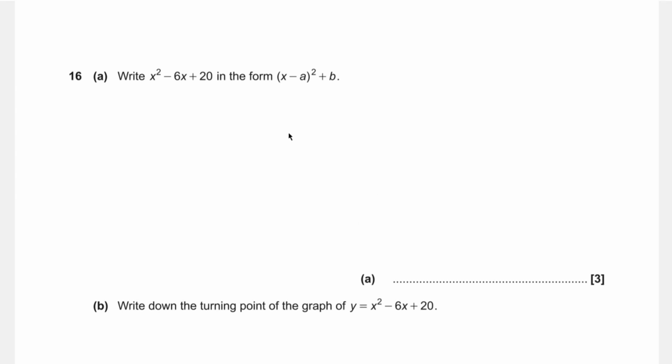Question number 16. Part A, we have to write x squared subtract 6x plus 20 in the form x minus a squared plus b. So half of the coefficient of x is negative 3. So I have x subtract 3 squared, and then I subtract the square of this 3, and then I add on this 20.